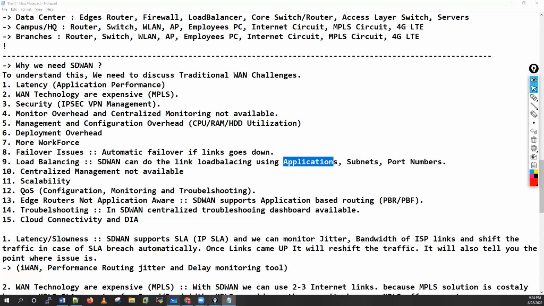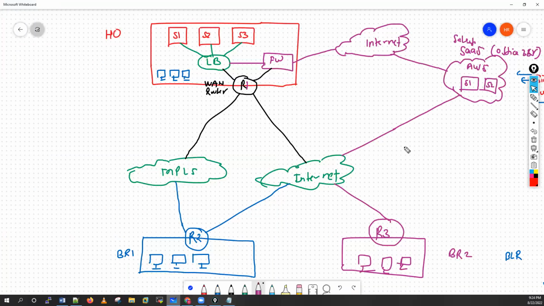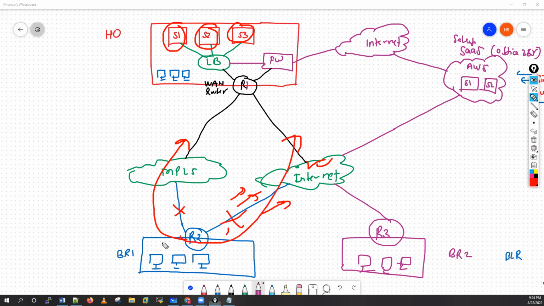Let's suppose you want to send YouTube traffic, Netflix traffic, and WhatsApp traffic through the internet link, and the traffic towards your servers through MPLS. These kinds of things you can achieve. If this link goes down, all your traffic shifts here. If this link goes down, all traffic shifts here. So this kind of control you get with SD-WAN, which means traffic engineering becomes very, very easy.